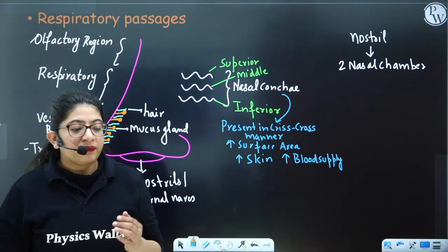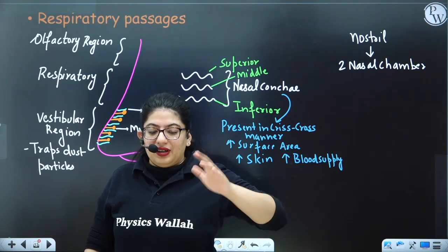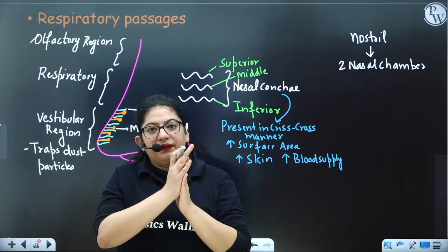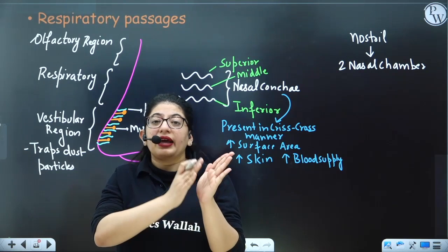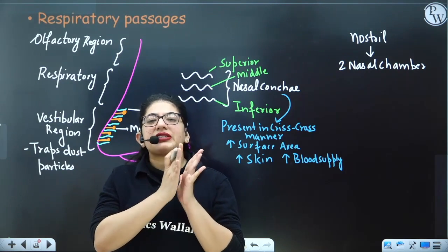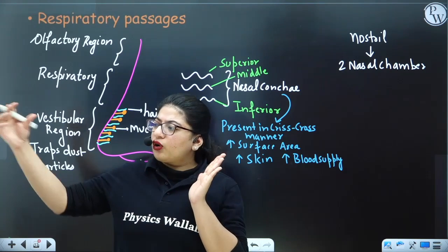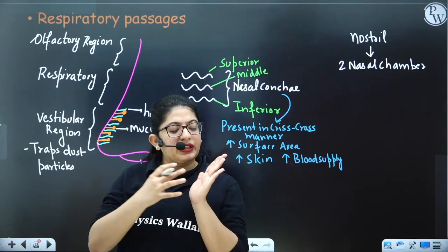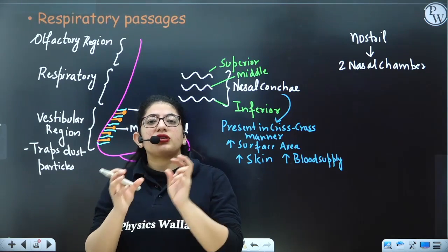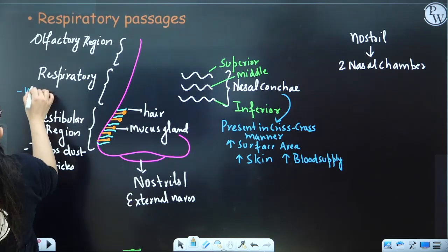For example, when cold air gets into my nose, it touches the skin, and my skin has blood supply at a particular temperature, around 37 degrees Celsius. When the cold air from outside touches the skin, the air becomes warm. So the function of this area is to warm the air.